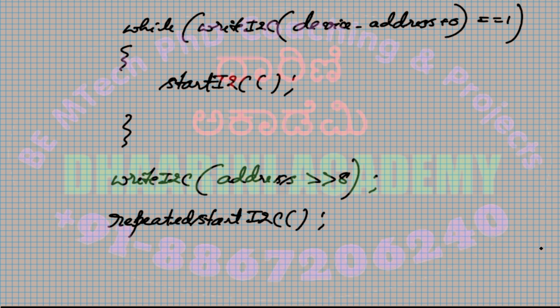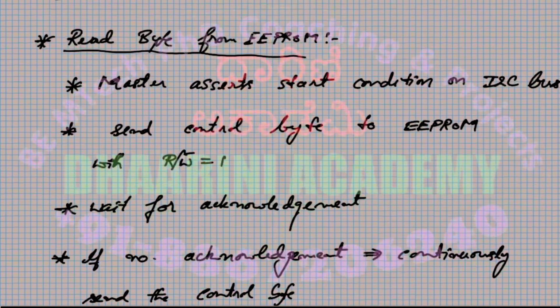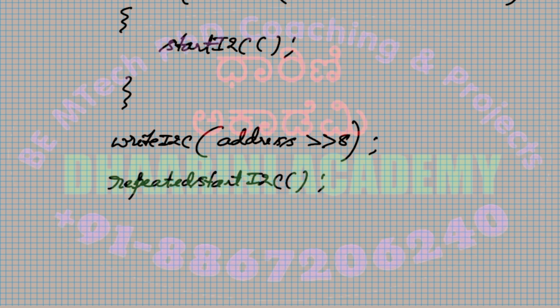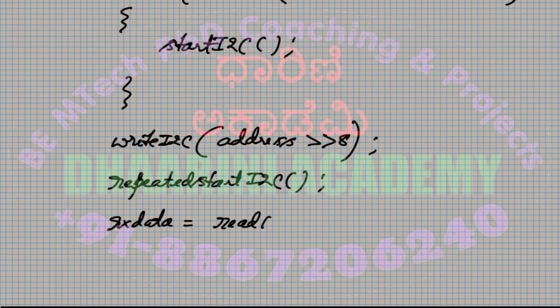All right. Now I need to say that simply you receive the data, isn't it? Just check the next step. Insert the repeated start condition on the bus. Read the byte that comes from your slave. So I'll put Rx data, received data, is equal to, I need to write another function that is read I2C. Write I2C is one function which we are supposed to write. We will also write the read.